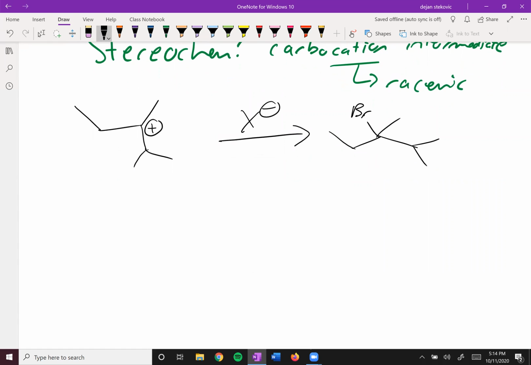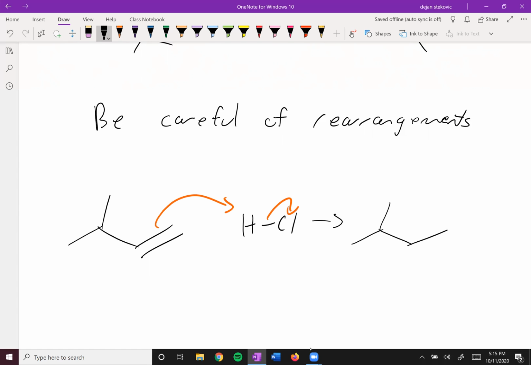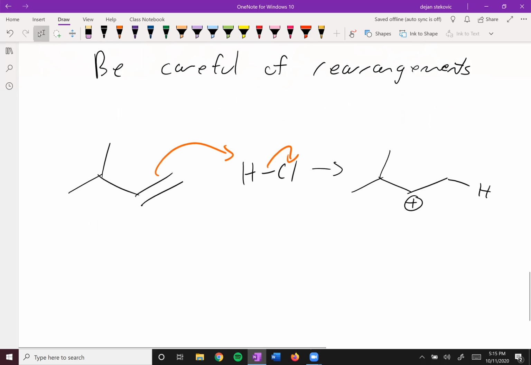Another downside of using these carbocation intermediates is rearrangements. So always be careful of rearrangements. For example, if you have this alkene right here, and you try to add some HCl across it, first off, you're going to form your more stable carbocation, so you'll form a secondary carbocation here.